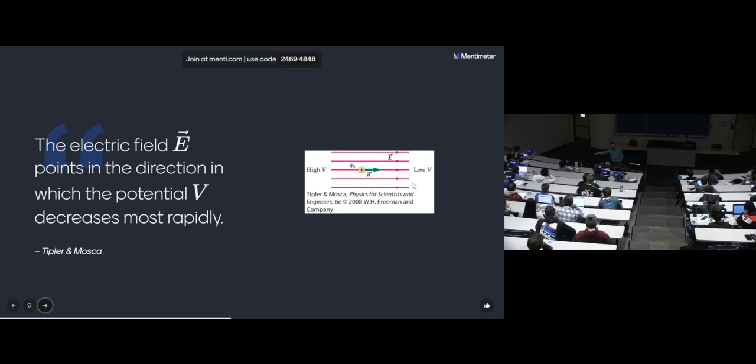As you go this way, you go down in elevation. Well, electric potential looks very similar, where you can draw it as contours, which we call equipotentials. Everywhere along this contour is equal to 5 volts, let's say. And if you draw that contour map out, then the direction that it changes most rapidly in the negative direction is going to be the direction of the electric field.